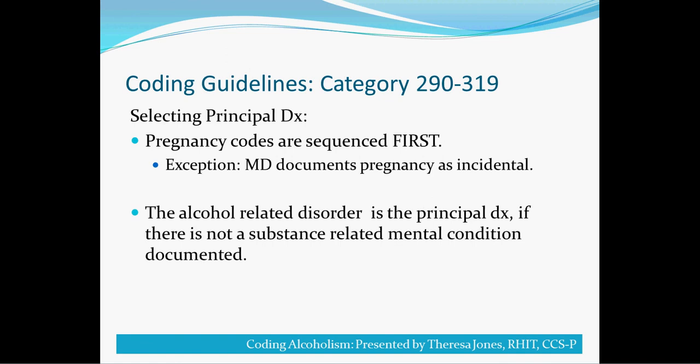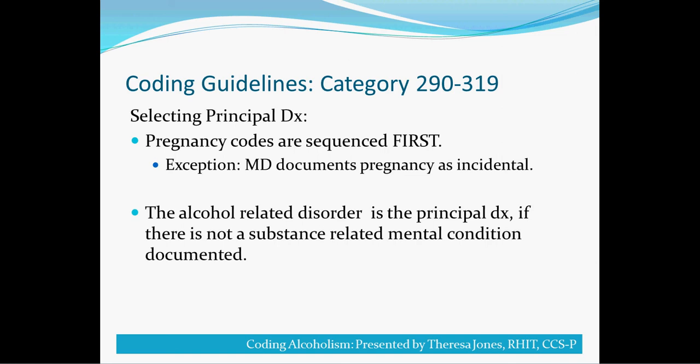So the coding guidelines for category 290 through 319 and selecting the principal diagnosis is that if the admit is due to a condition unrelated to alcohol related disorders, we would code for the illness that the physician documented. If the patient is pregnant, of course, pregnancy codes are sequenced first.